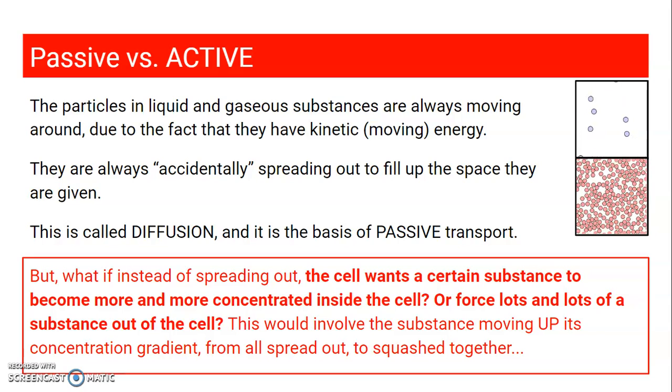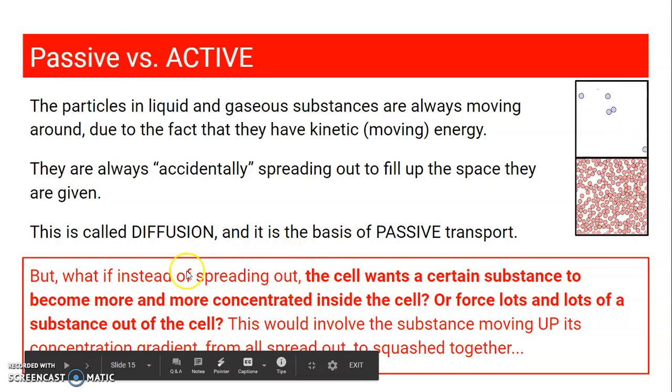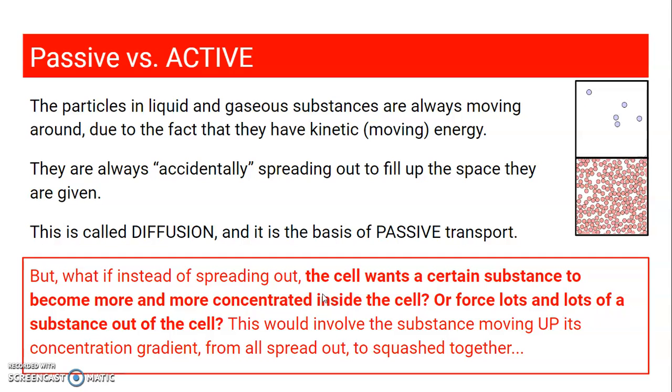So what if instead of spreading out via diffusion, the cell wants a certain substance to become more and more concentrated inside the cell? So it will have to force lots and lots of stuff into the cell, or in reverse, it might want to get rid of a lot of stuff, moving it outside the cell until it has very little.